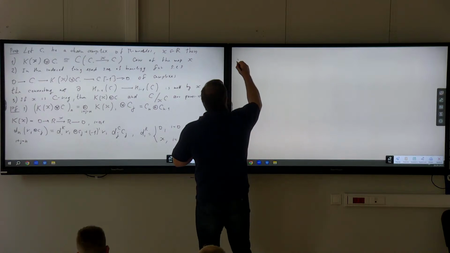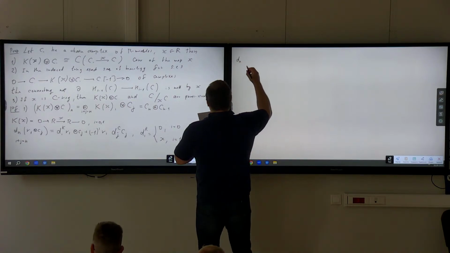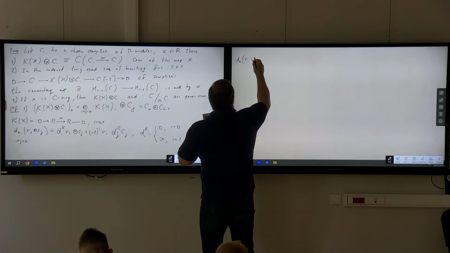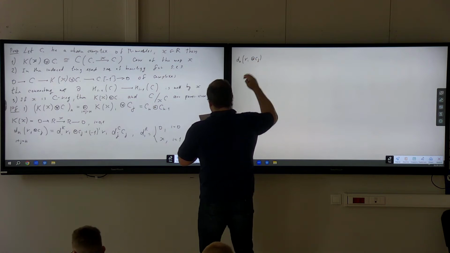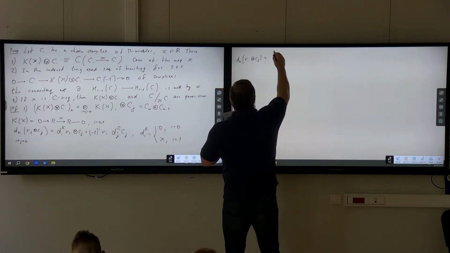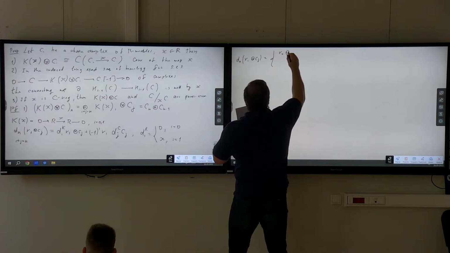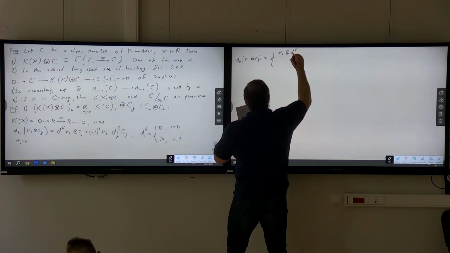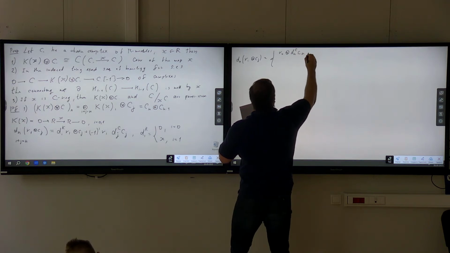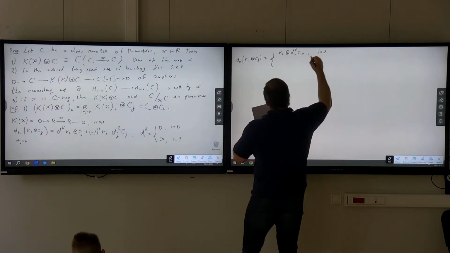So the differential dn on Ri tensor Cj is R0 tensor dn of Cn when i is equal to 0.